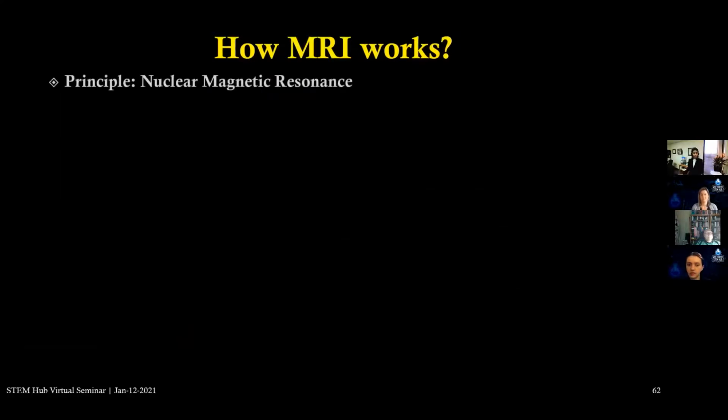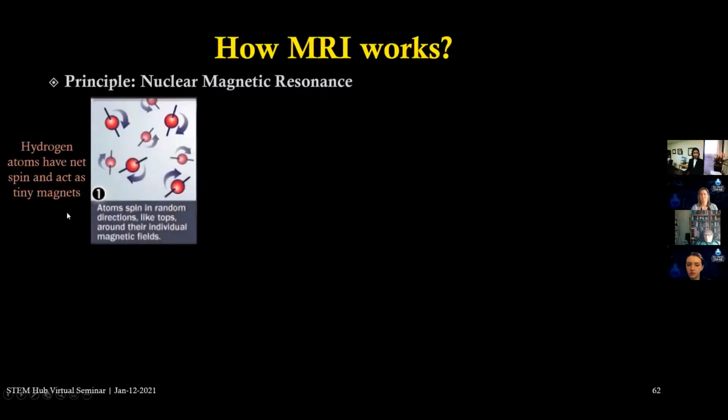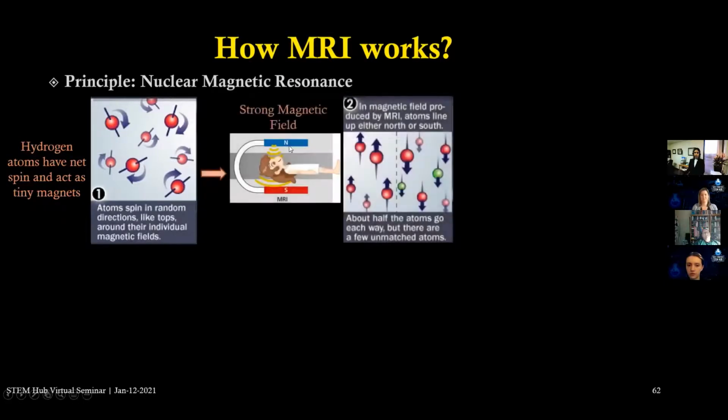So MRI uses nuclear magnetic resonance phenomena. First, you have hydrogen protons that have some net spin, and they act as tiny magnets. These are randomly oriented. But once the patient is put in the MRI scanner, these protons align either parallel or anti-parallel to this field. And they not only align, but they actually precess around this magnetic field with a certain frequency.